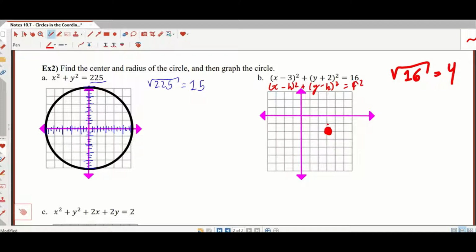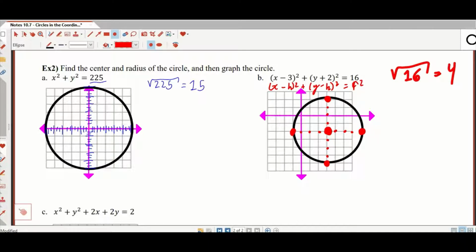So from here, I would go up 1, 2, 3, 4, put a dot, left 1, 2, 3, 4, put a dot, down 1, 2, 3, 4, put a dot, and then right 1, 2, 3, 4. You get the idea, and then you can make your circle.